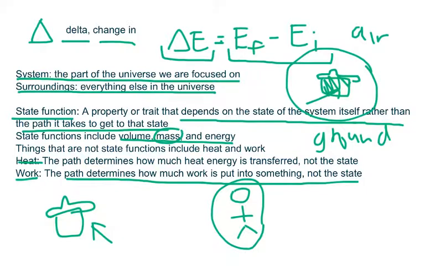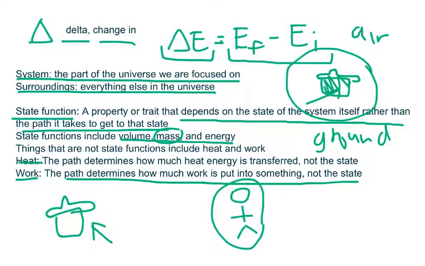Just by looking at you, we can't really tell how much work you are going to put in because the amount of work depends on the path you take. For example, you might do more or less depending on how you feel. So because work does not depend on the state, work is not a state function.